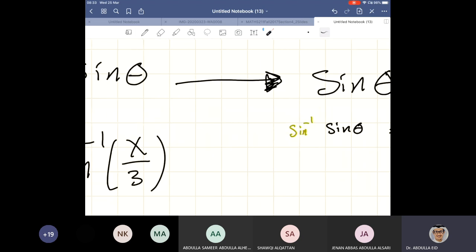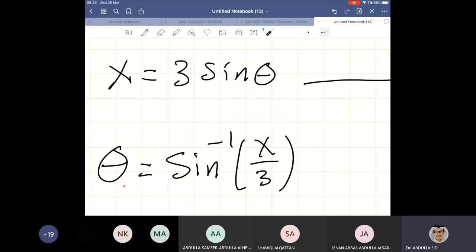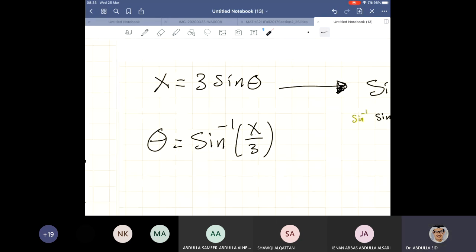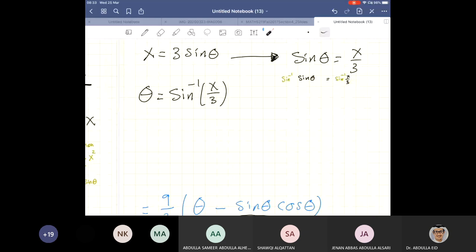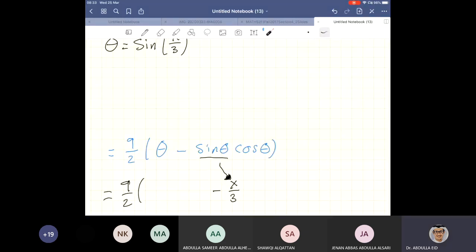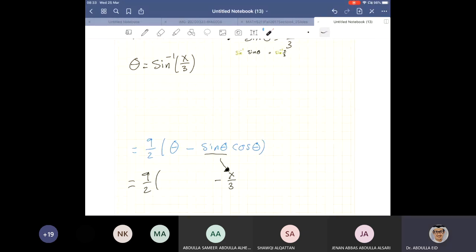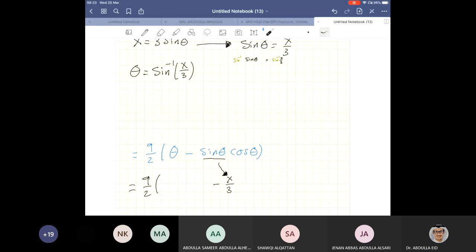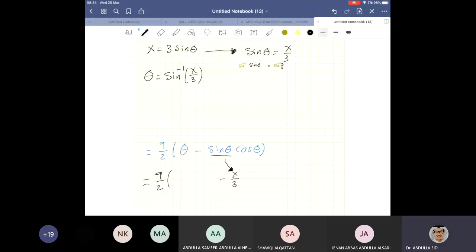You will just get theta, which is this one. So we found the second piece of information that we need for now. So this is just sine inverse x/3.